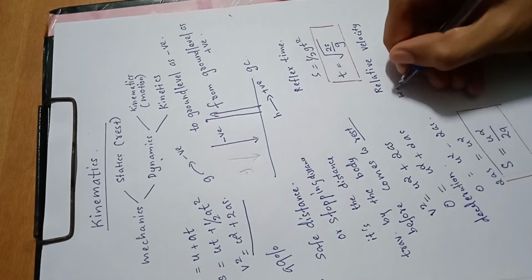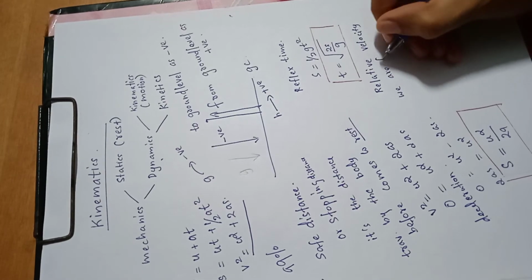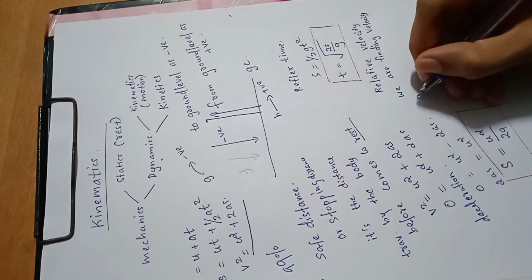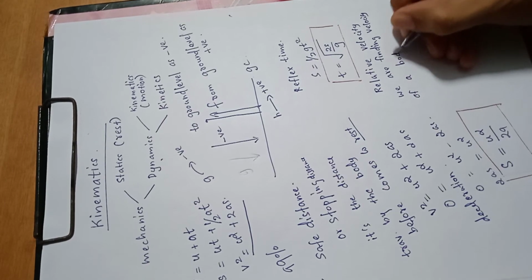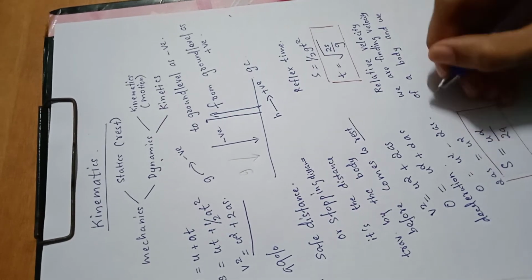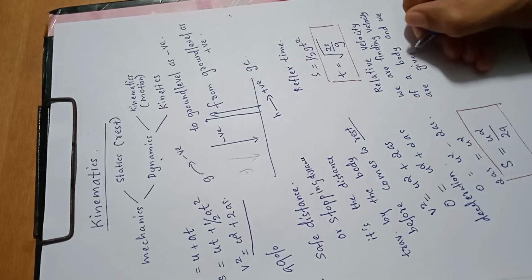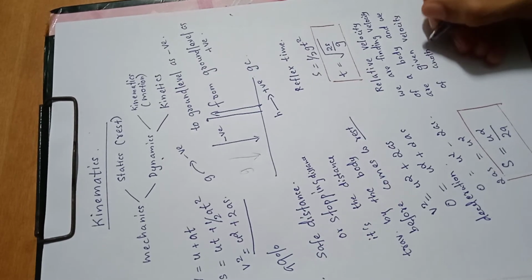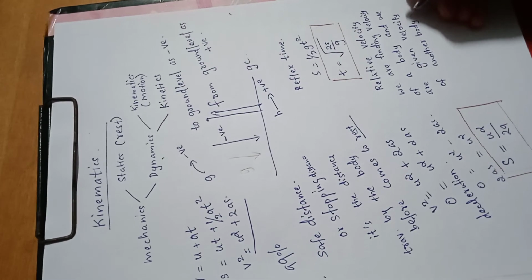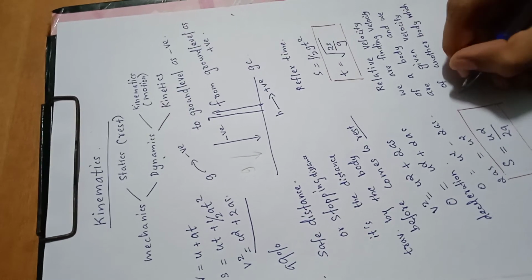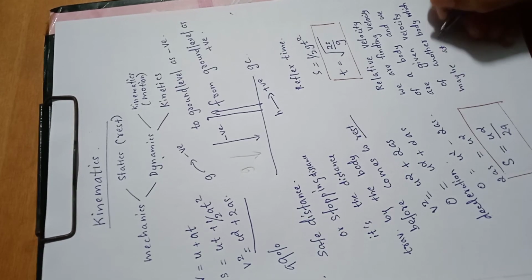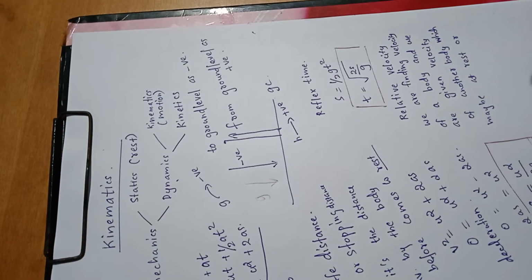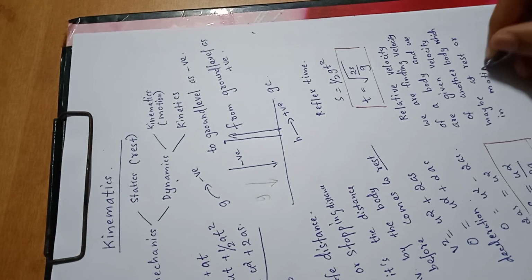I would write it so that we could understand it better: we are finding the velocity of a body, and we are given the velocity of another body, which may be at rest or in motion. Simple as that.